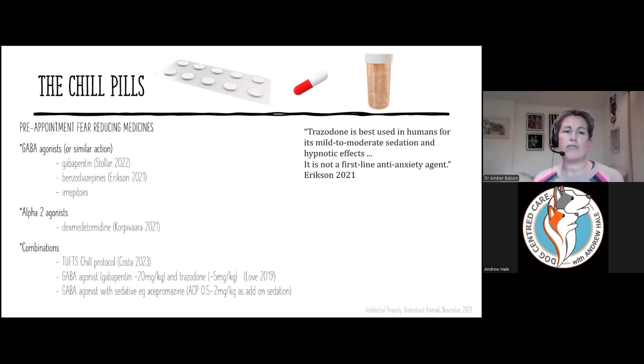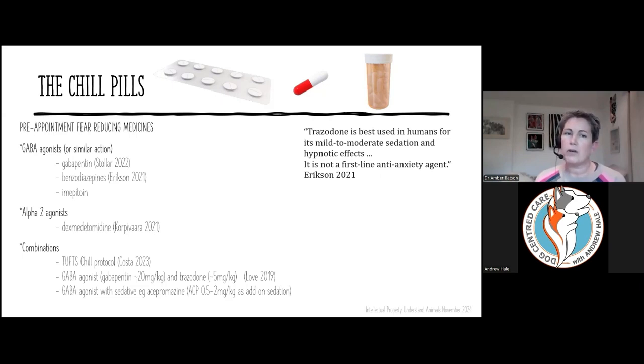So if we do use trazodone, it probably is best to use it in combination. At the bottom, where I've written combinations, the middle line, GABA agonist, gabapentin at around 20 milligrams per kilo and trazodone at around 5 milligrams per kilo is something which is anecdotally being used more commonly nowadays, and something that was highlighted by Love in an online article in 2019. They're the typical figures that I would use for a lot of my patients.